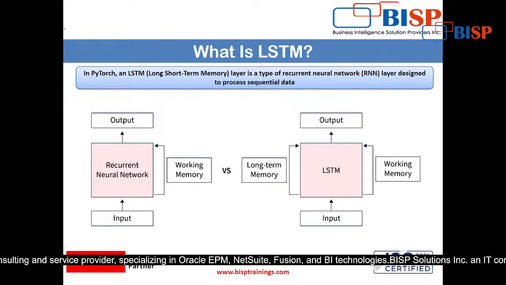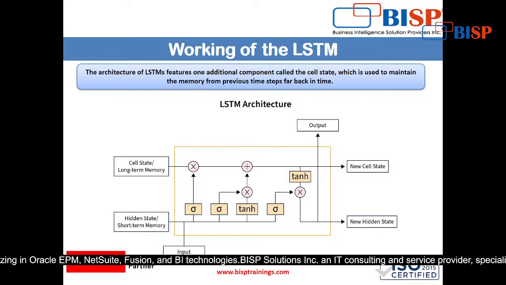Now LSTM means long short term memory. So this is the working memory, and this is the long term memory. That means somewhere in this the past data is stored. Now you can see the working of the LSTM. The architecture of LSTM features one additional component called the cell state, which is used to maintain the memory from previous time steps far back in time.